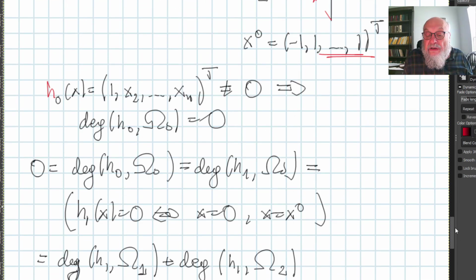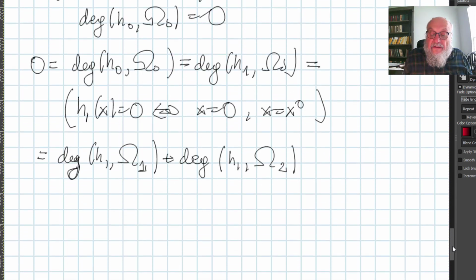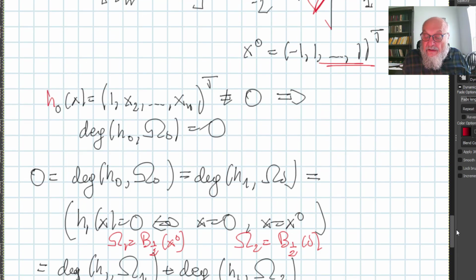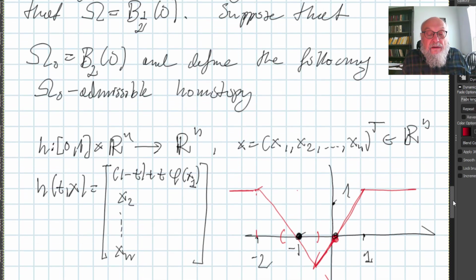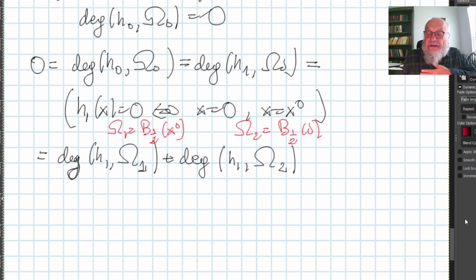So this will be this ball, 1/2, 1/2. Omega 1 is equal to the ball of radius 1/2 around x naught, and omega 2 will be the ball of radius 1/2 around 0.